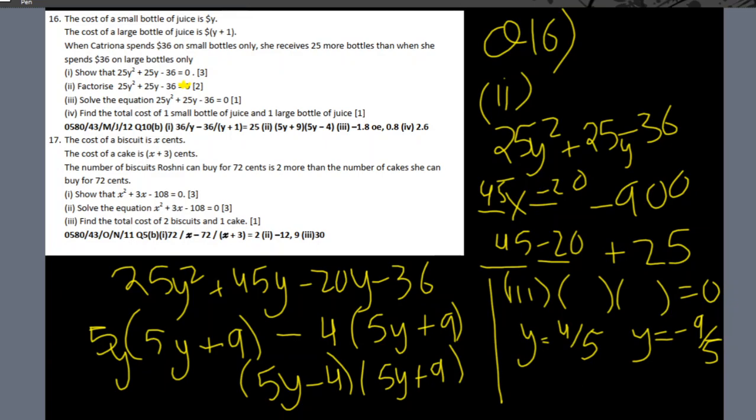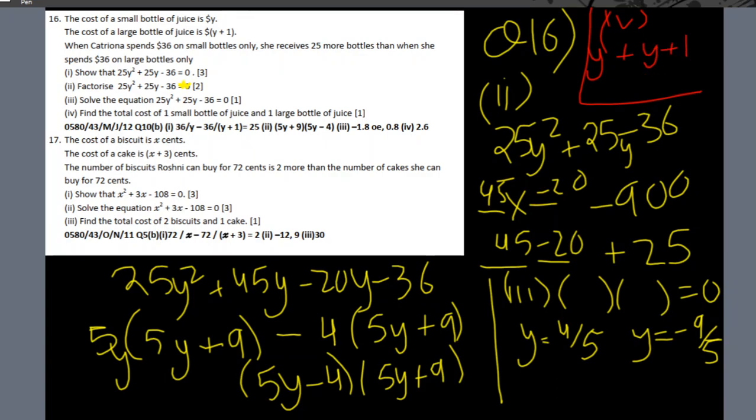Now we need to do part 4. Find the total cost of one small bottle of juice and one large bottle of juice. So cost of a small bottle of juice is y, and cost of large bottle of juice is y plus 1.